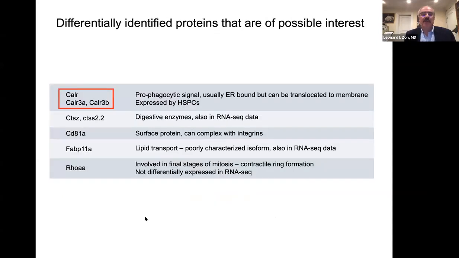Now, what came up in the macrophages, which was quite remarkable, were a variety of surface proteins that interact with different cell populations. And in particular, our attention was drawn to calreticulin and calreticulin 3. These are two different types of calreticulin, which are known to be prophagocytic signals.